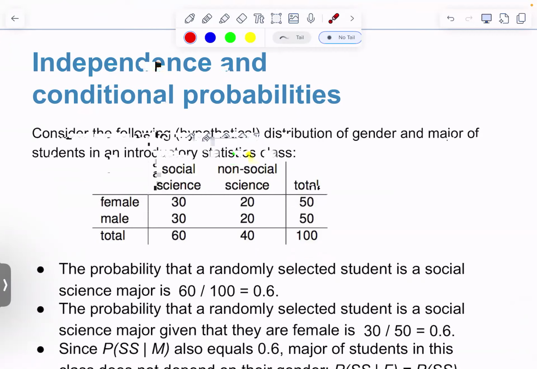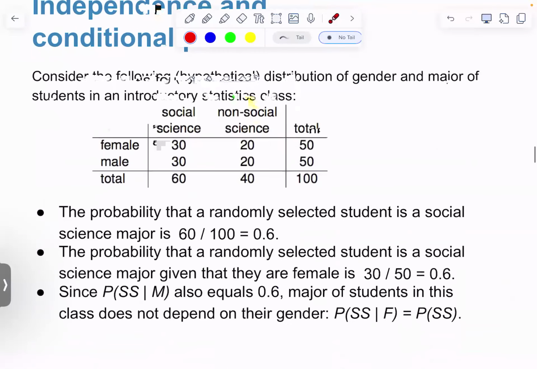Consider the following hypothetical distribution of gender and major of students in an introductory statistics class. Now we have a gender variable, which is a categorical variable, and whether they were a social science major or not. We just lump everyone into not social sciences.